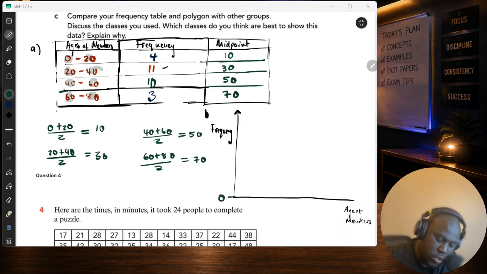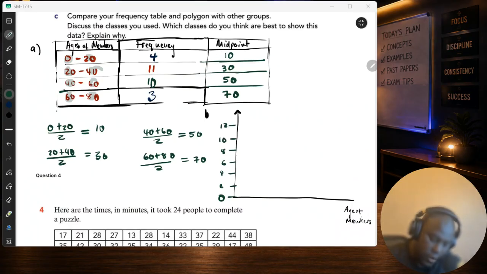What is the largest frequency? It is 11. So we're going to end at 12. You can go 0, 1, up to 12. If you want to put 2s, it's fine: 2, 4, 6, 8, then 10, then 12. This is frequency.